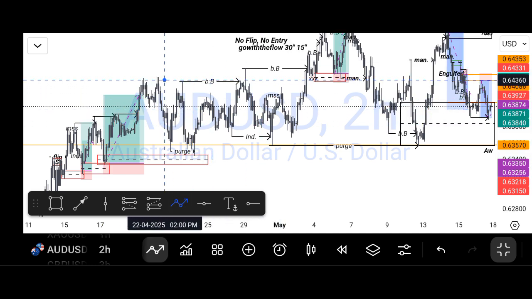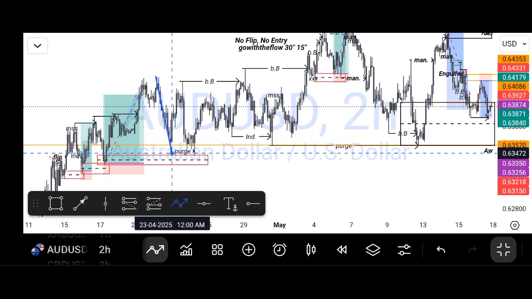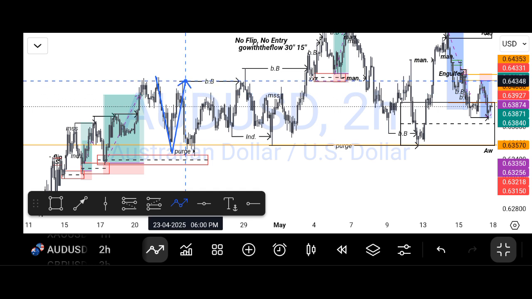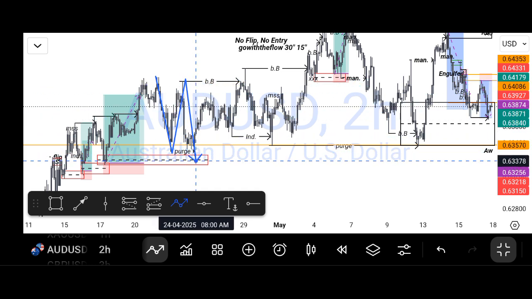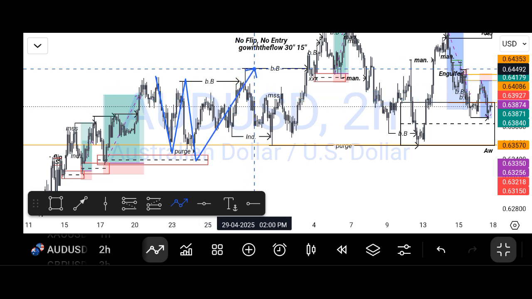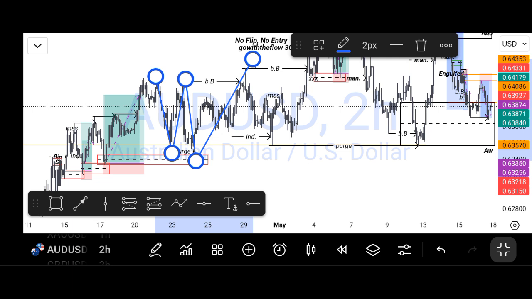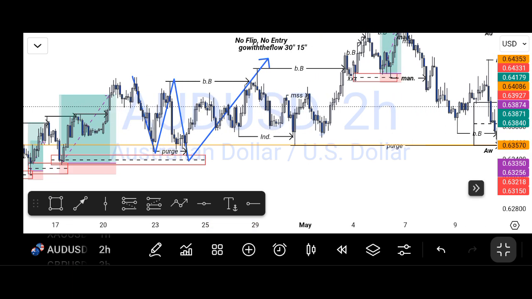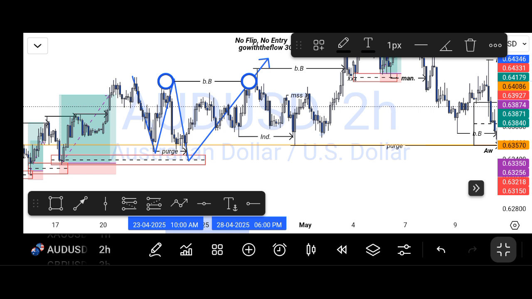So price came down here, went up, came down, break, and now swept and caused a manipulation, right? This on the 2 hours market purged and caused a break of structure.